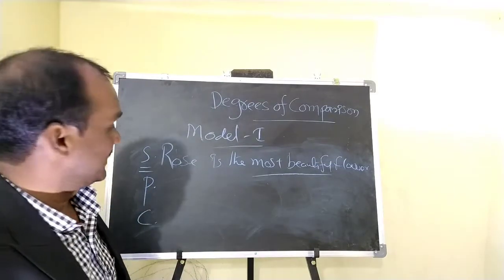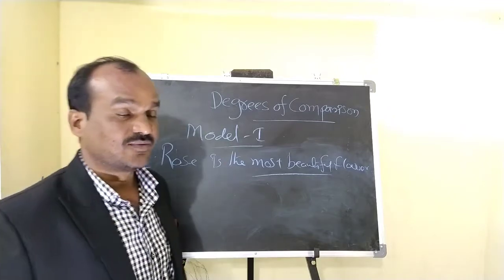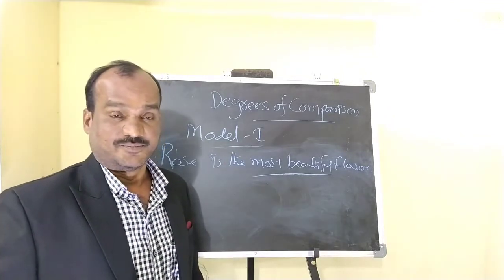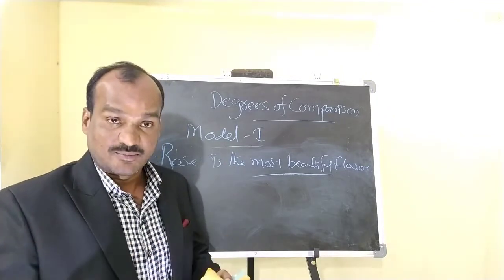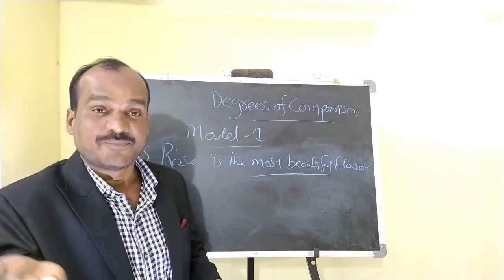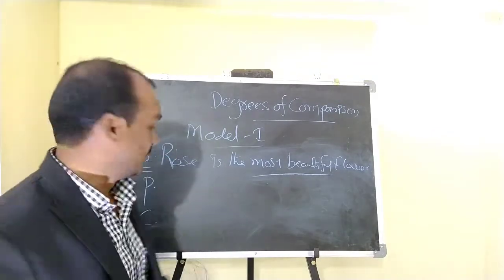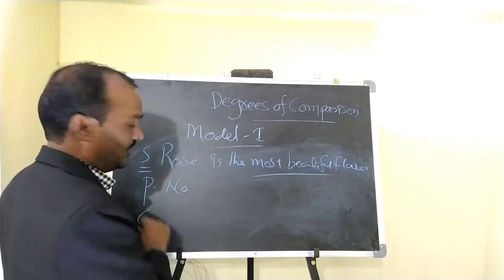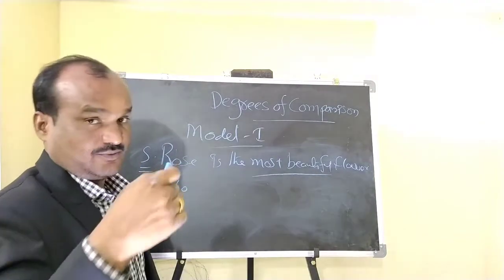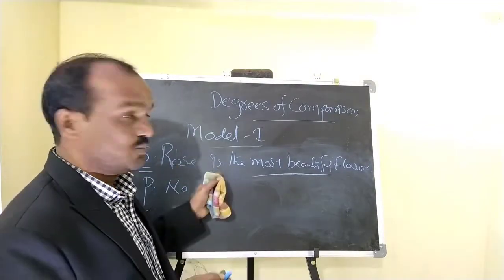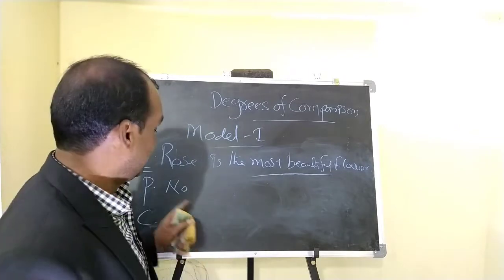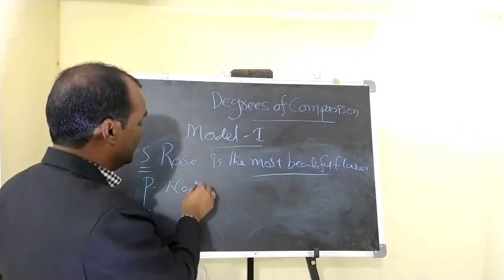This is model 1. Rose is the most beautiful flower. What does it mean? It means no other flower is so beautiful as the rose. So in model 1, if you want to change a sentence from superlative degree to positive degree, the sentence should begin with no other.